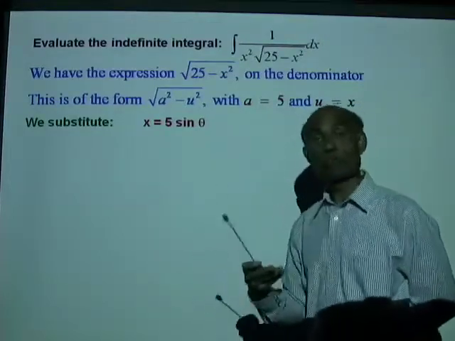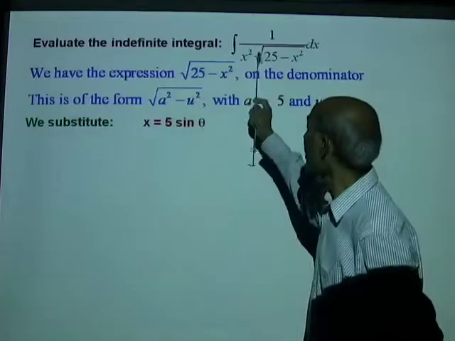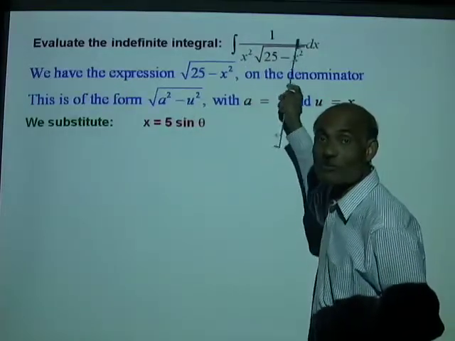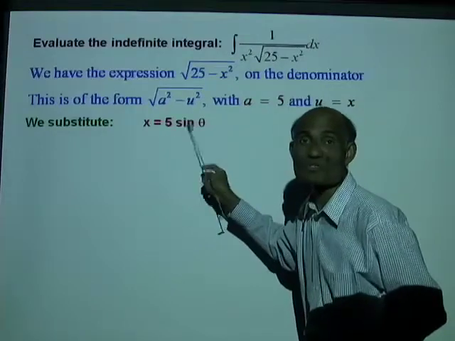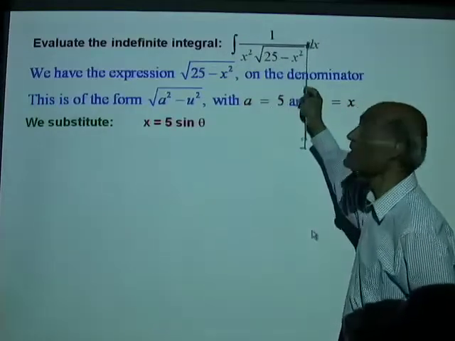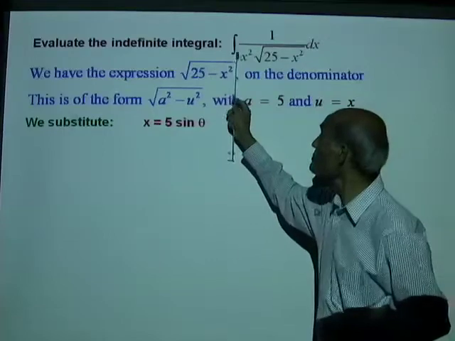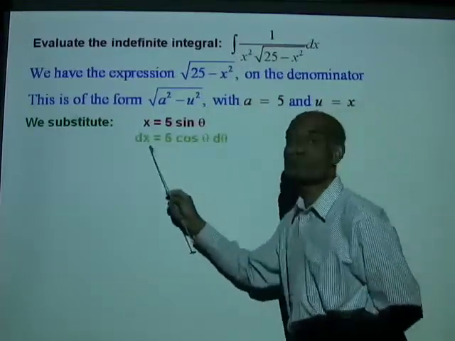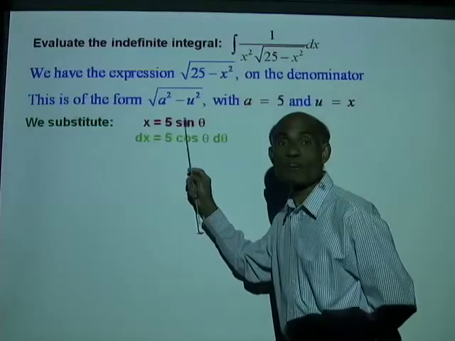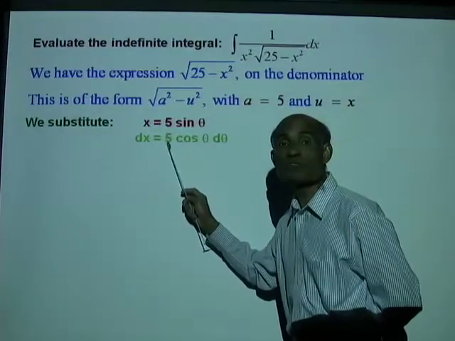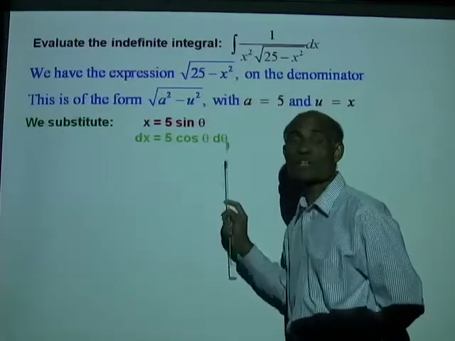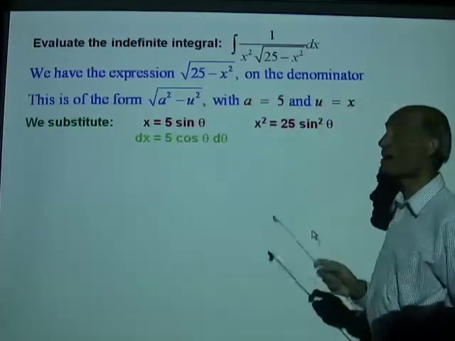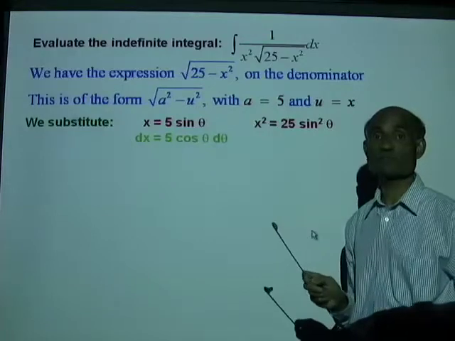Now remember, when you make a substitution of one quantity, every other x must follow this substitution. That means we need to replace the dx. We also need to replace that x squared. So, what is dx equal to? If x equal to 5 sine theta, dx equal to 5 cos theta d theta, and x squared is 25 sine squared theta.